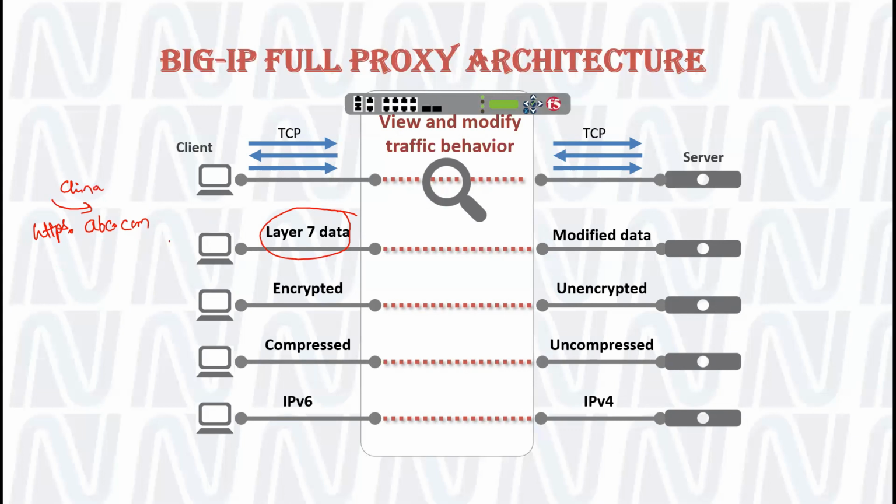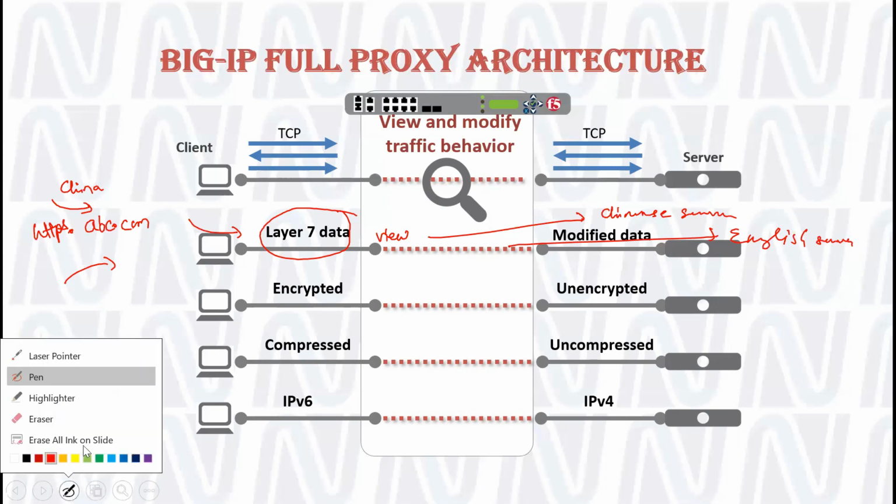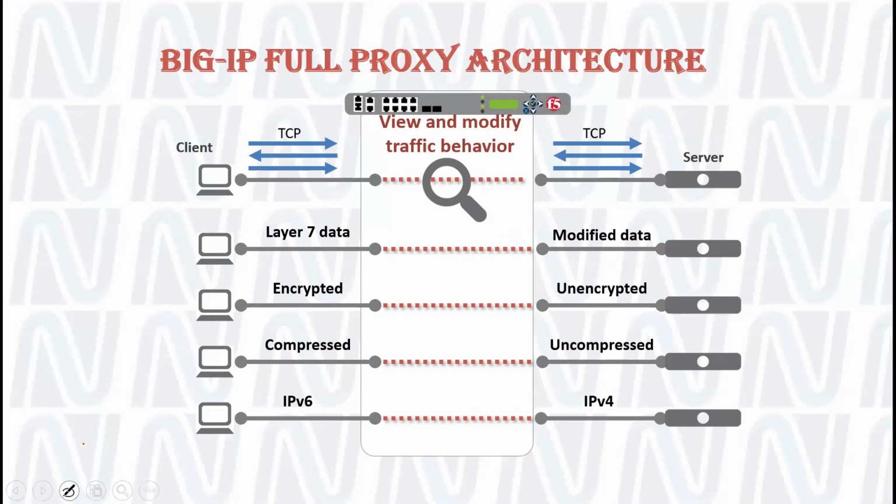When it is coming from China, it can view that the traffic is coming from China and send it to the Chinese server. But if it's coming from Europe, it will go to the English server. So you mean to say it's the header that it's reading? It can read anything, the packet data as well. Yes, the proxy can.